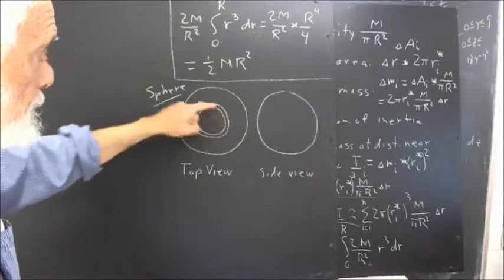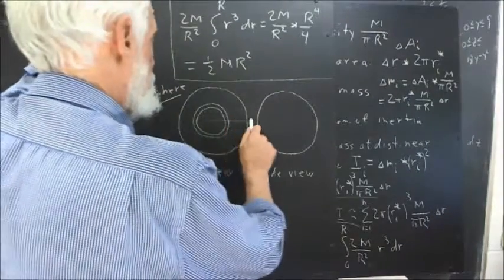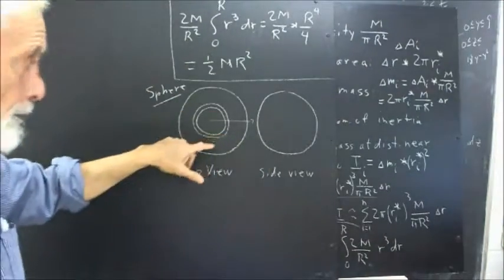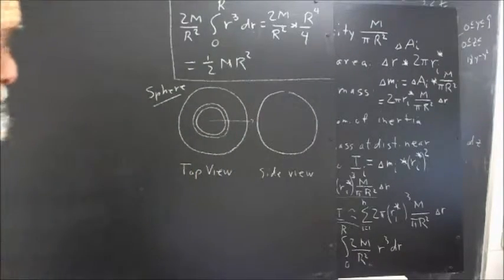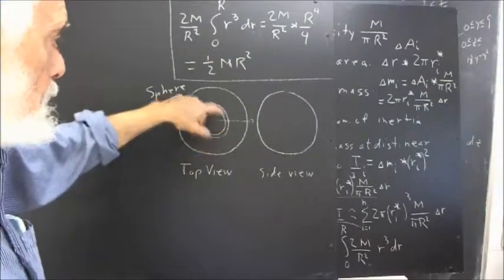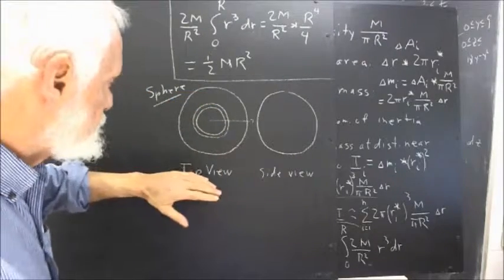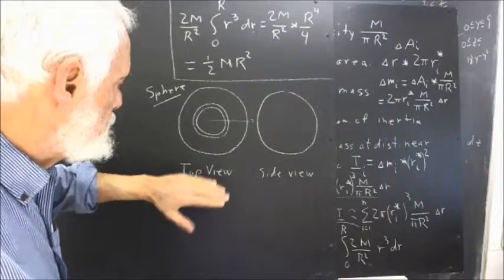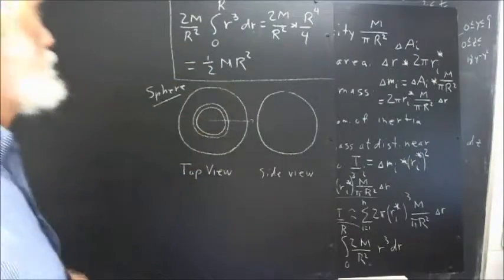This would be our ring where we partitioned R along the polar axis. This would be our typical partition, and it would form a ring in the equatorial plane, the big plane of the sphere.